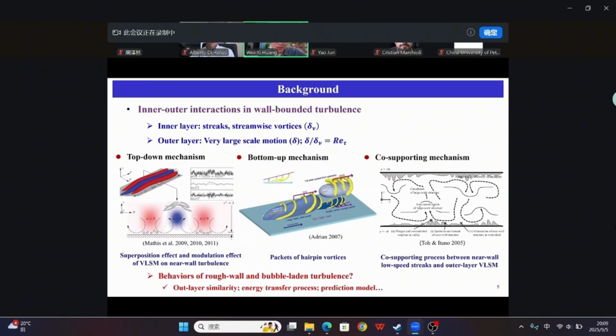So here we may ask: if we consider rough wall turbulence or bubble-laden turbulence, what's the behavior of the turbulence near the wall?